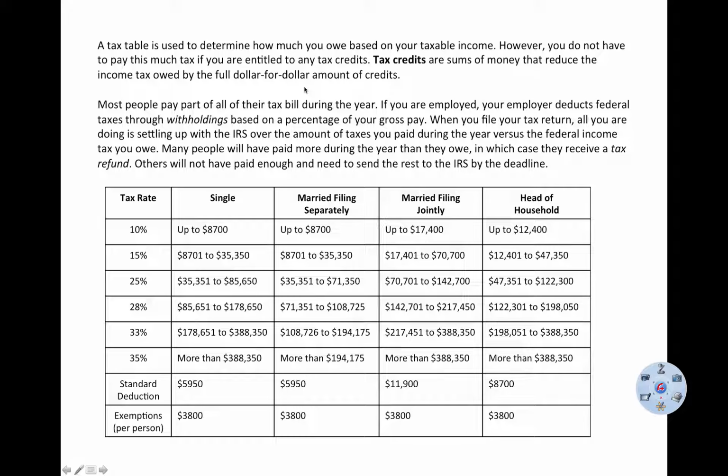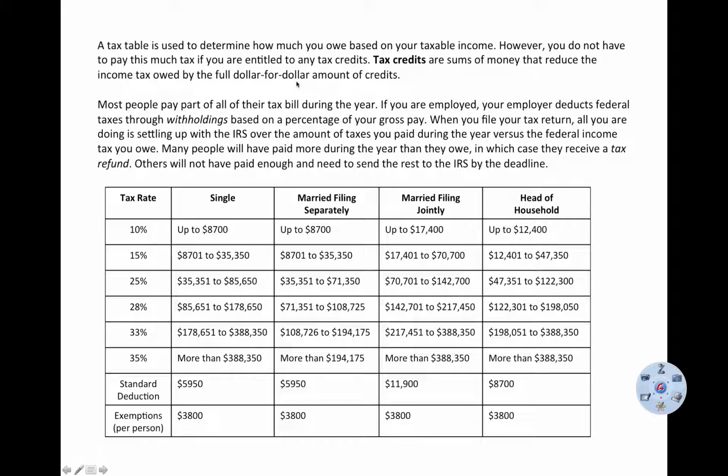A tax credit is not the same thing as a tax deduction. A tax deduction reduces taxable income, saving only a percentage of the deduction in taxes. But a tax credit reduces the income tax owed on the full dollar amount of the credit. There are credits available for everything, from donating a kidney to buying an energy-efficient dishwasher.